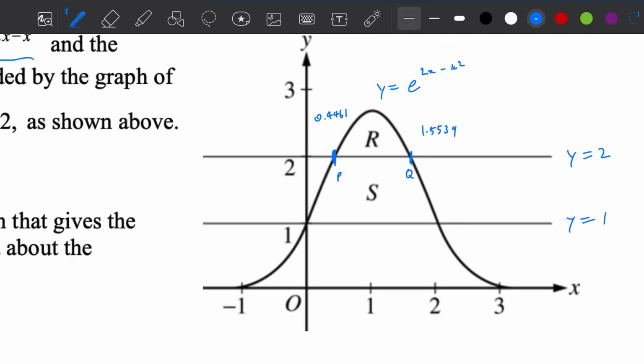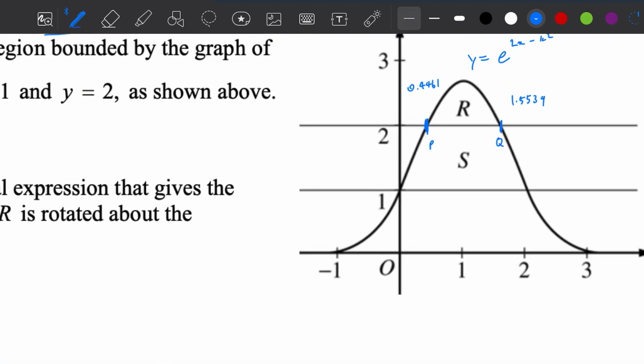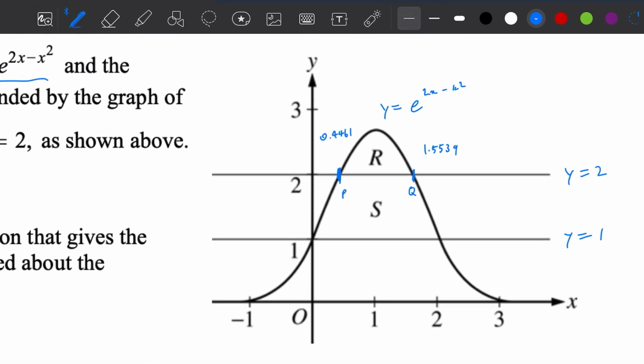To find the area, we can use the formula for the area between two curves, which is the integral of the upper function minus the lower function. For region R, the upper boundary is the curve y equals e to the power of 2x minus x squared, and the lower boundary is the line y equals 2.